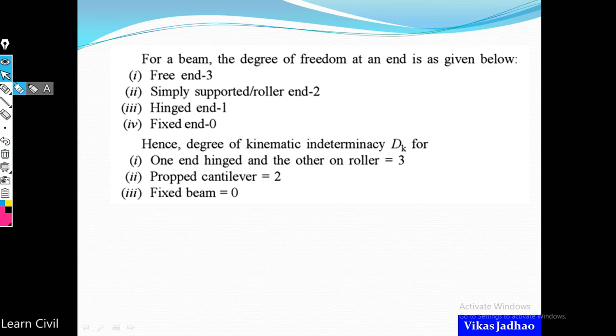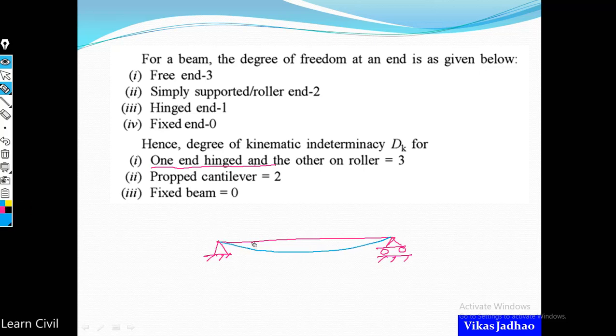Again, let us see some examples of calculating the degree of kinematic indeterminacy. When one end of a beam is hinged and the other is on a roller, the deflected shape will be something like this.